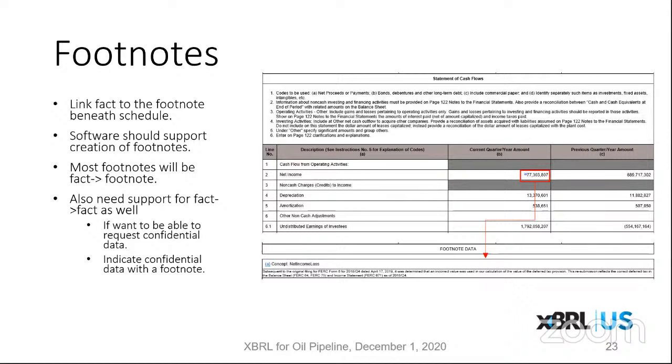And that's also done with a footnote where you just basically indicate that the fact is confidential, and then when the FERC receive your filing, that gets flagged, and then they basically assess whether it should be treated as confidential or not, and then they will let you as the filer know. And if it is, when the data is rendered, it'll basically be blocked out so people can't see that information. But to indicate that you want a fact to be confidential, that's also supported with footnotes as well.